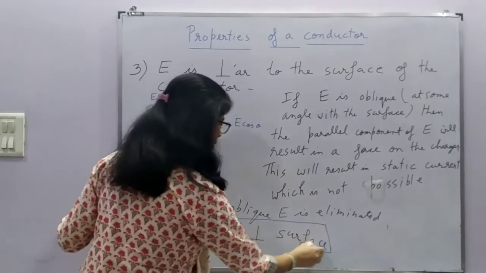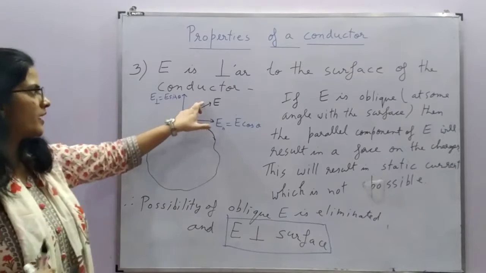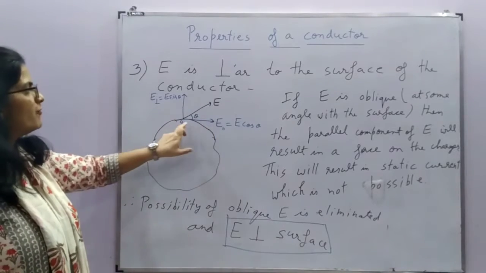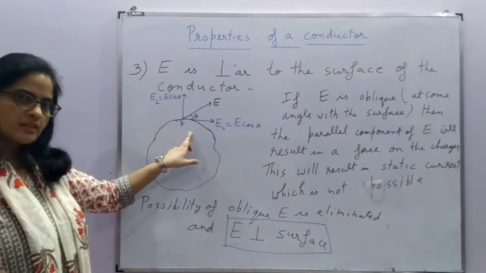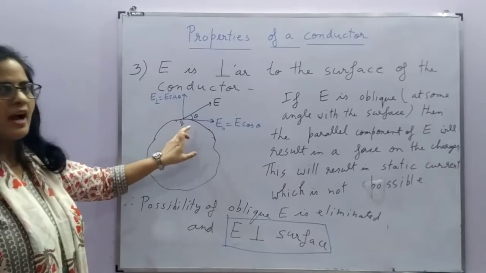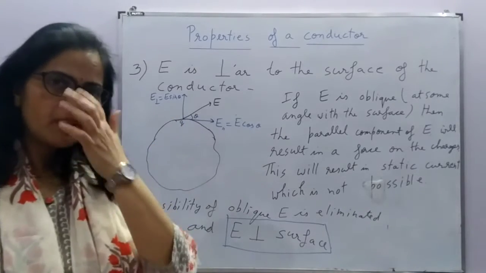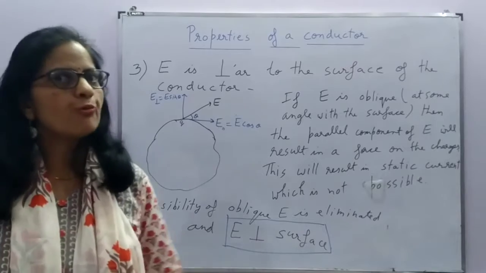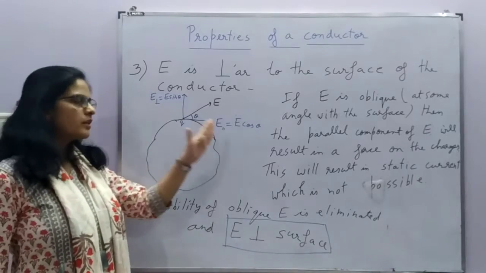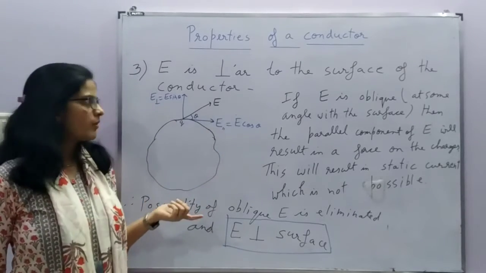Let me recap this point: if it is oblique, there will be a parallel component which will result in a force on these charges on the conductor, and which will result in the charges moving. So this will result in static current, which is not possible.